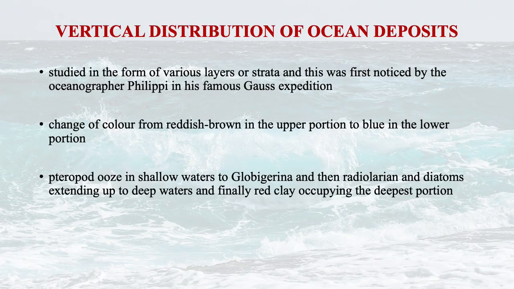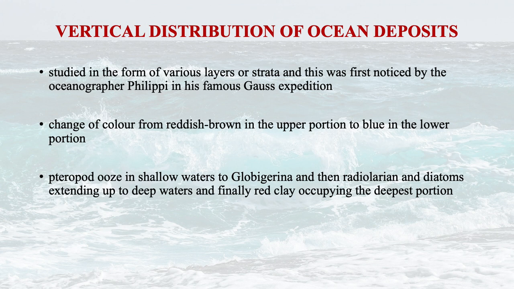And there is also a kind of gradation in the form of pelagic deposits, like pteropod ooze is found in the shallow water. Then, as I explained earlier, globigerina deposits are found up to greater depths compared to the pteropod oozes because they can withstand both warm and cold water. So they are found at relatively deeper portions compared to the pteropod.